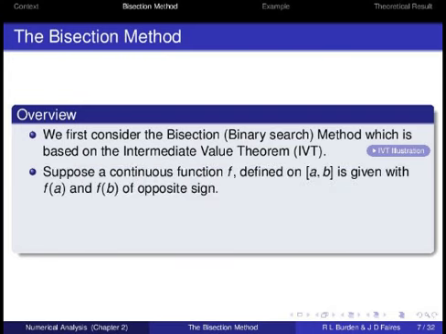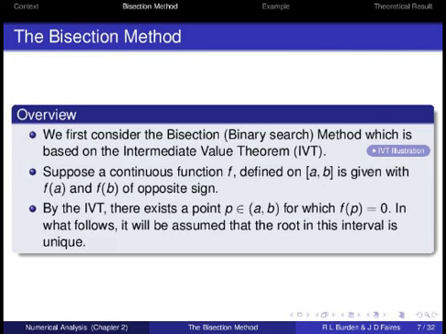Its statement is: suppose f is a continuous function defined on the interval [a, b]. a is the starting point of the domain and b is the ending point, and all the numbers in between, including a and b, with f of a and f of b of opposite signs. This is the first condition: if f of a and f of b are of opposite signs, then the root lies in this interval. If f of a and f of b are of the same sign, then the root doesn't lie in this interval, so we have to select another interval that gives opposite signs of the function.